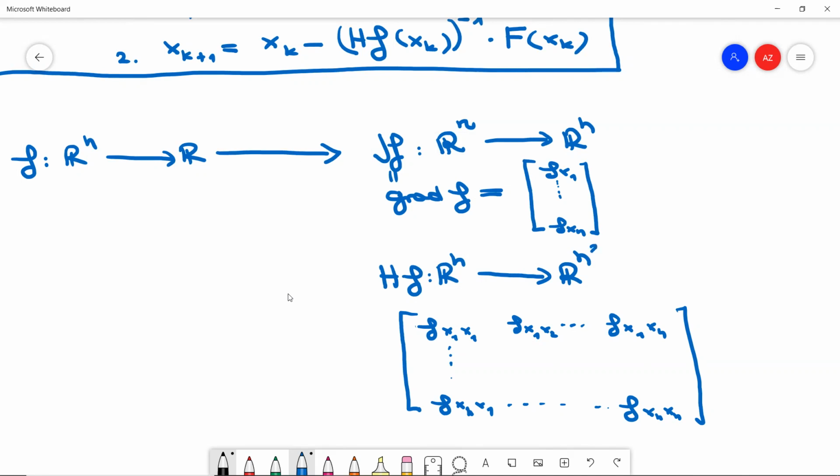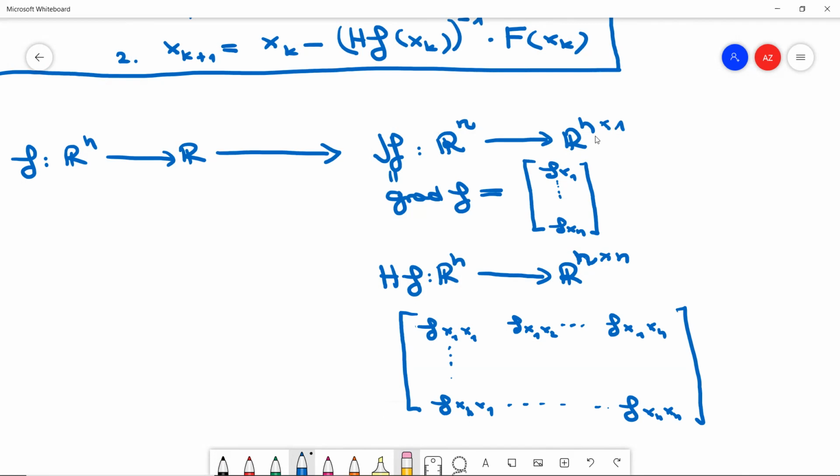Of course, it's n squared. Since we have a Hessian, it maps an n-tuple into an n times n matrix. But the gradient of f maps an n-tuple into an n times 1 vector.